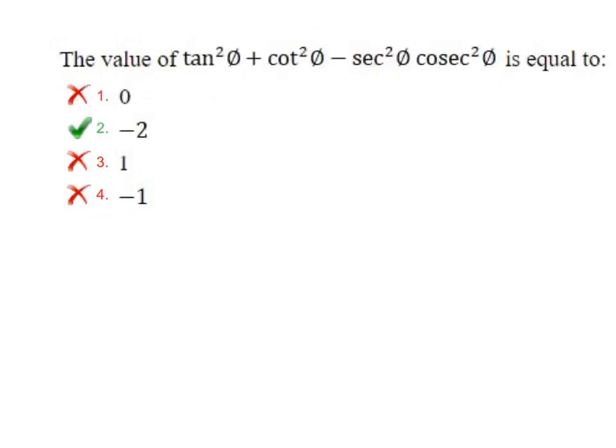The value of tan square theta plus cot square theta minus secant square theta cosecant square theta is equal to, we have already seen 2 plus tan square theta plus cot square theta is equal to secant square theta cosecant square theta.